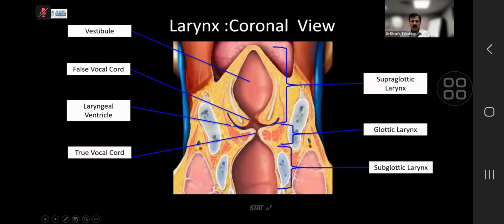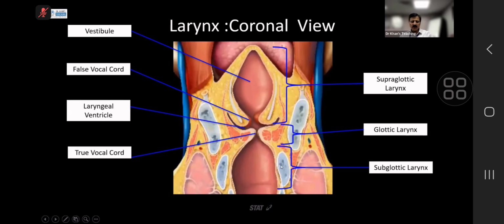Don't confuse the word ventricle with vestibule. There is an entity, laryngocele, which is an expansion of this ventricle. And then is the true chord.